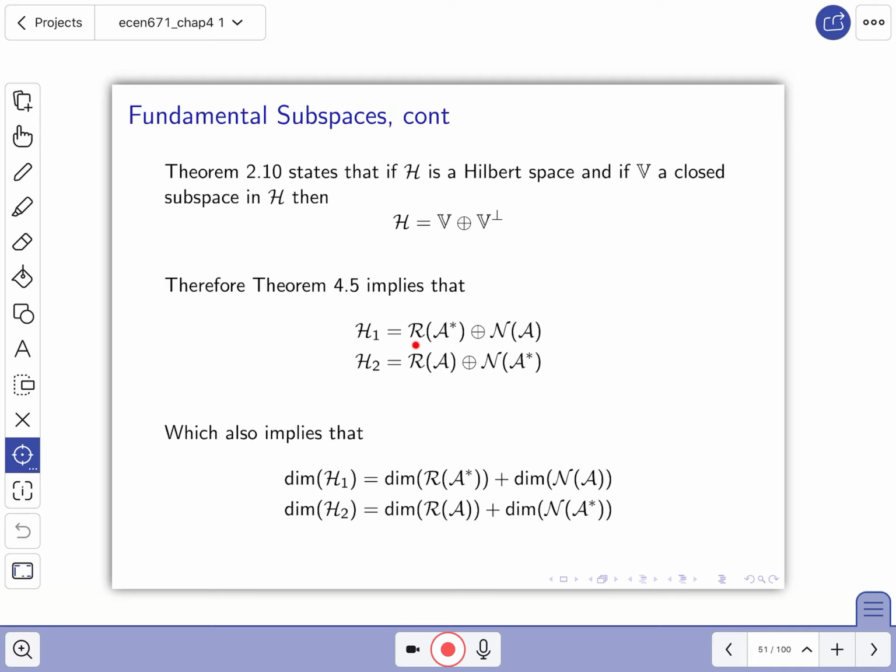The dimension here will be the number of linearly independent vectors that span the range space of A star, plus the number that span the null space of A. Since they're orthogonal to each other, we can't have any non-zero element here that's also there. So the dimension of H1 has to be exactly the dimension of this one plus the dimension of that one. Okay, so we've shown at least this dimensional argument.